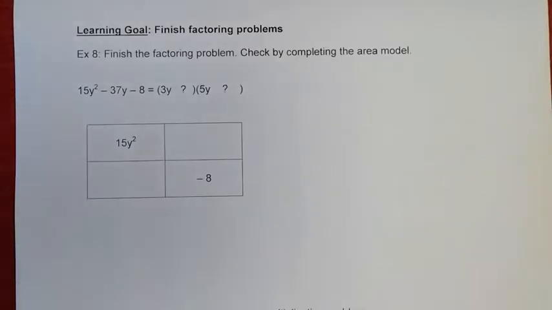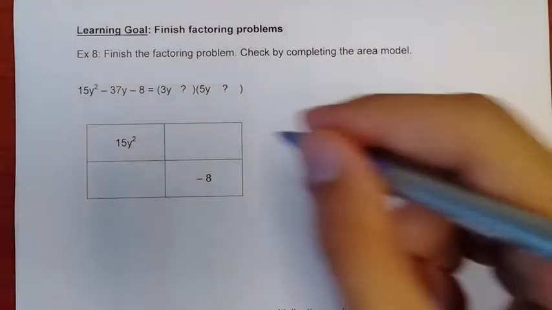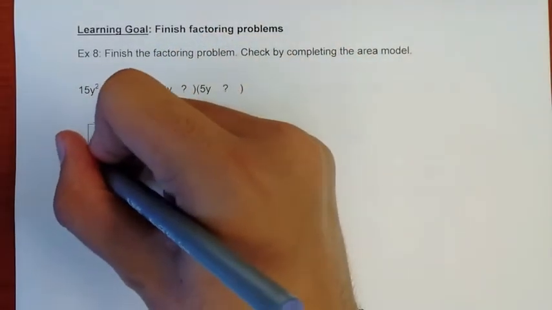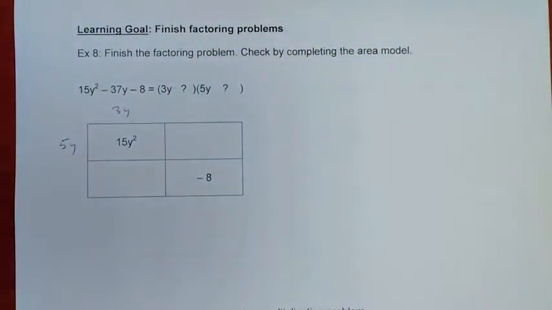Here for example 8, we're going to finish the factoring problem and then check by completing the area model. So we have 15y squared minus 37y minus 8 is equal to 30y plus an unknown, and 5y plus an unknown. So we can go ahead and write 3y here and 5y here, because 3y times 5y is 15y squared.